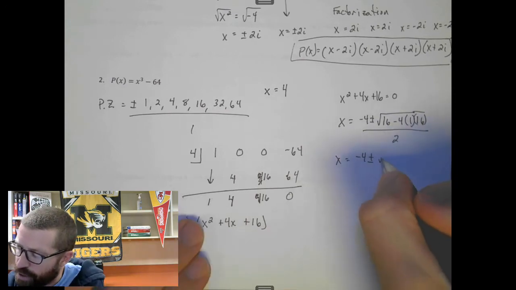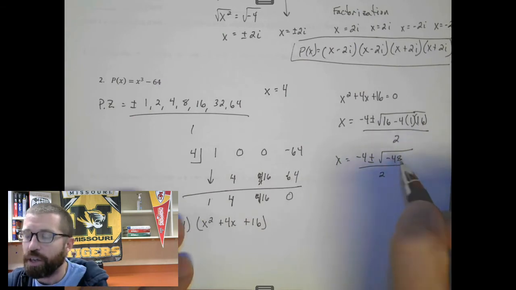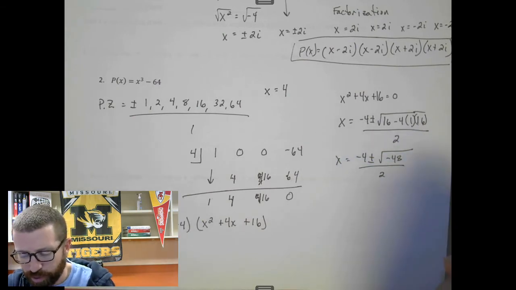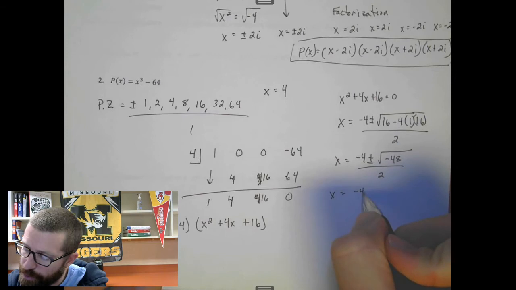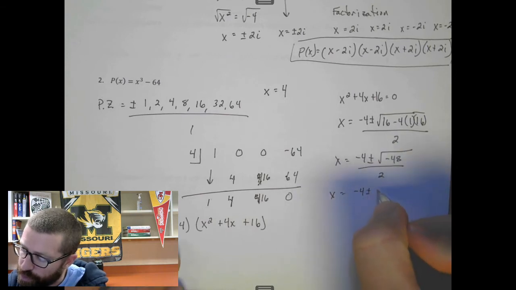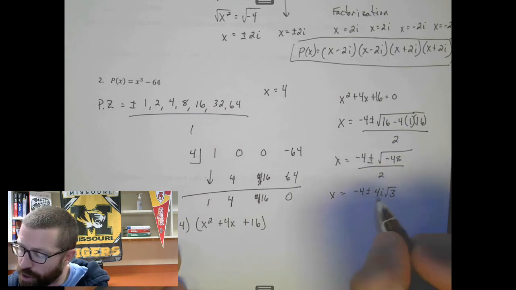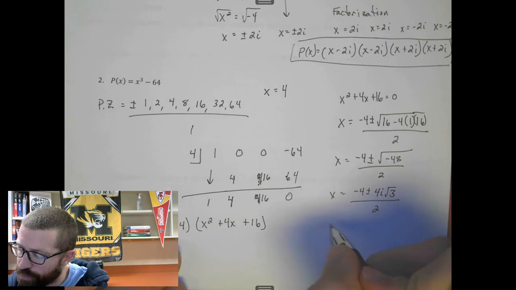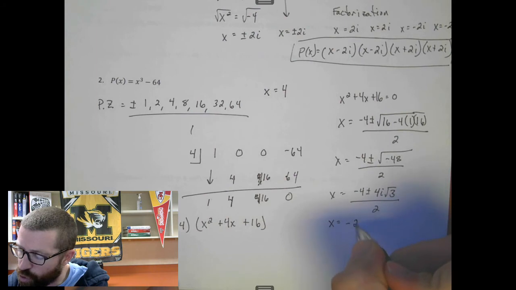You get negative 48. And then we can reduce that. 48, you can take out a 16. And so that's 4. And the negative brings out an i. And you're left with square root of 3, because 16 times 3 is 48. And then this is all over 2. And then this reduces to negative 2 plus or minus 2i square root of 3.